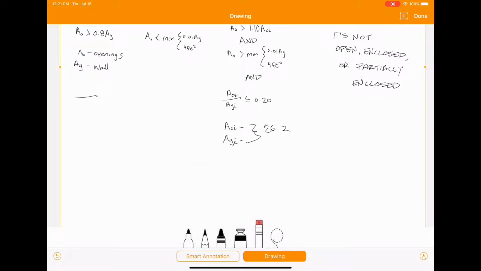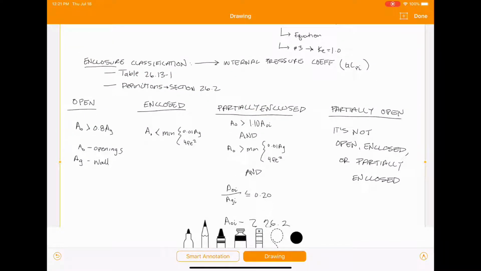And as I said earlier, once you have your enclosure classification, then you can find your internal pressure coefficient. And that you will pull from this table 26.13-1. And so for open buildings, your GCPI is going to equal 0.